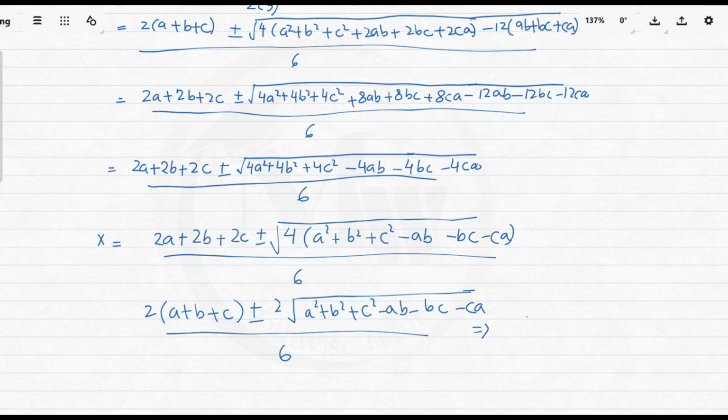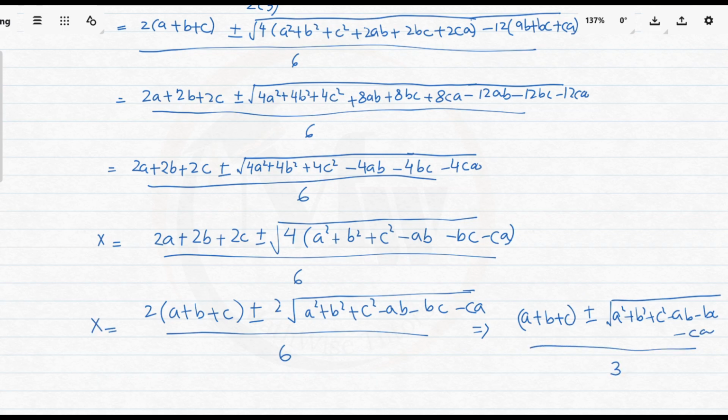Now just take 2 common from the numerator and cancel with the 6. So all the 2's will be cancelled from the numerator and the denominator will be 3, and all other terms will be left as they are. These are the two x values, one with the plus and one with the minus, by using the quadratic formula.